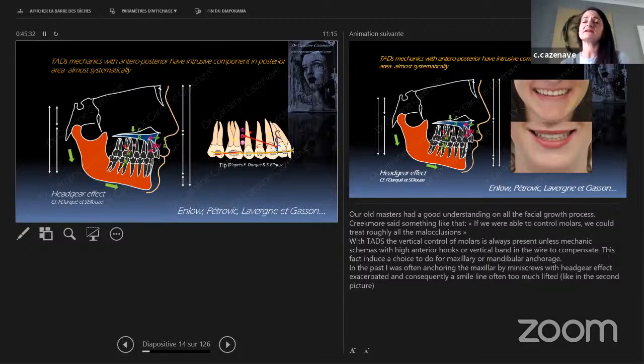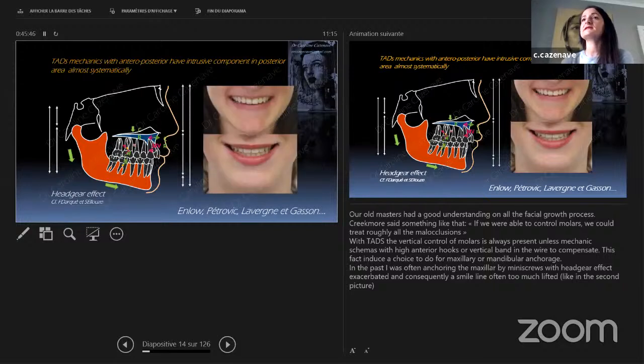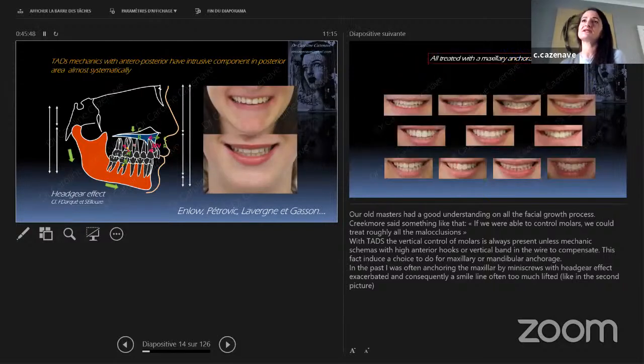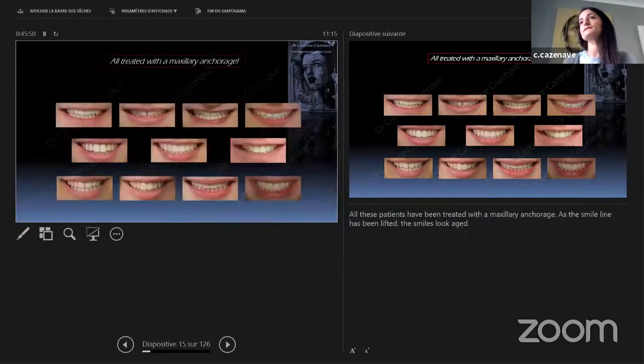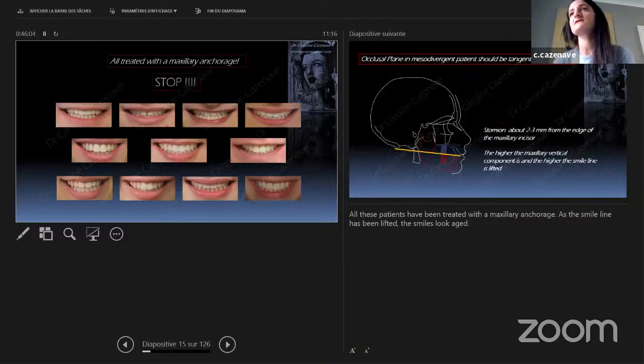In the past, I was often anchoring the maxilla by mini screws with headgear effect exacerbated and consequently a smile line often too much lifted. And you can see that fact on the second picture. So all these patients have been treated with maxillary anchorage. As the smile line has been lifted, the smiles look aged, and we need to stop that.